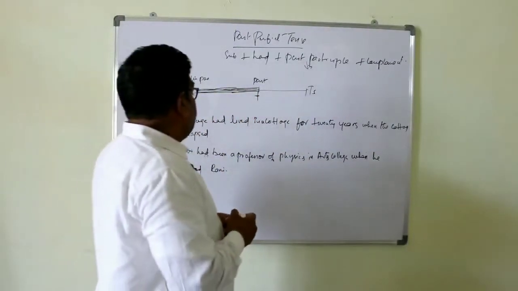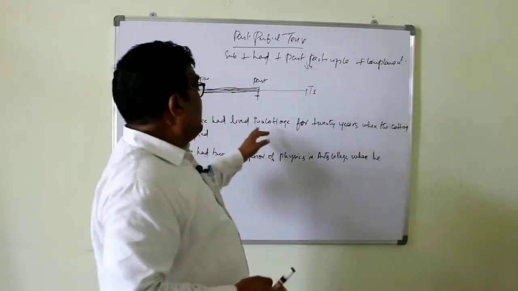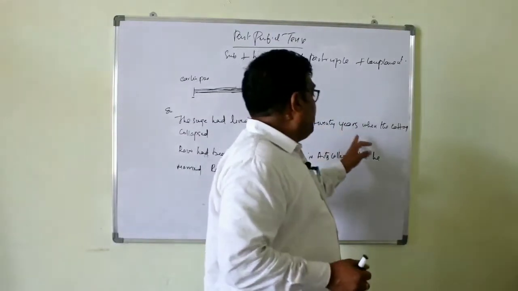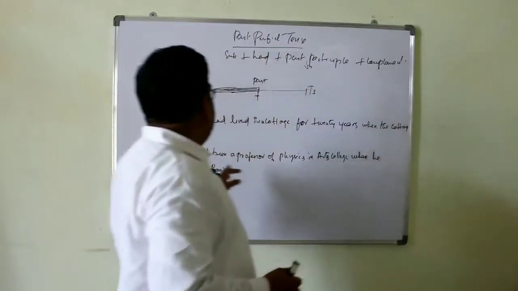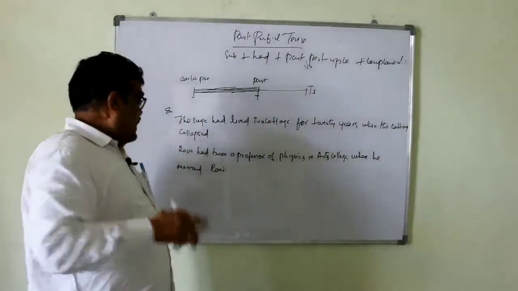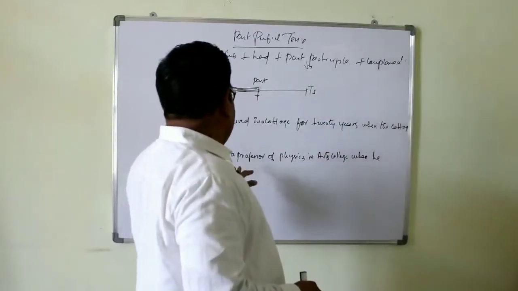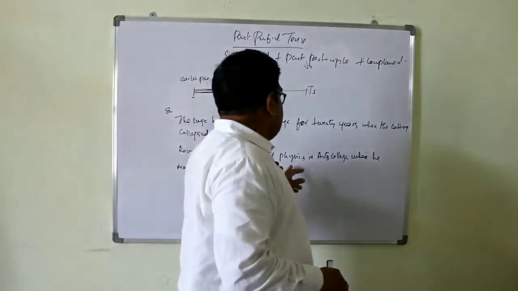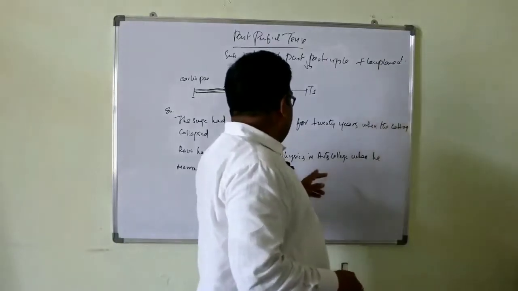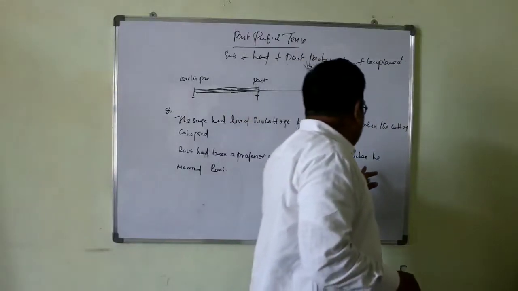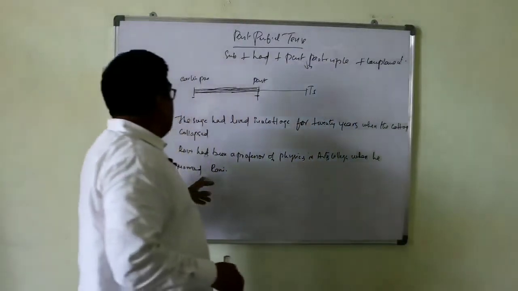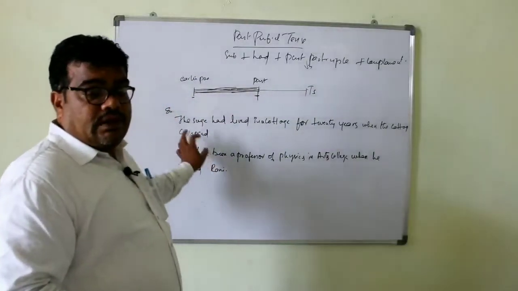Example: the sage had lived in a cottage for 20 years when the cottage collapsed. Another example: Ravi had been a professor in the arts college when he married.